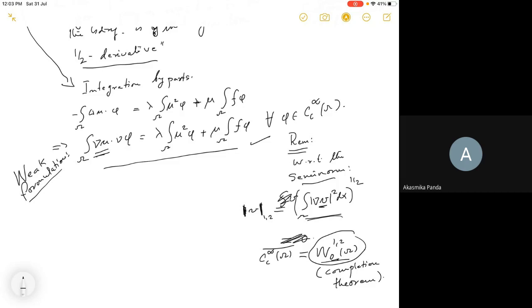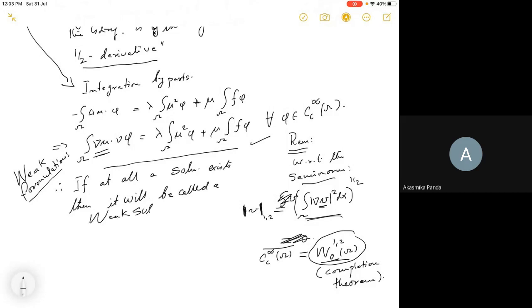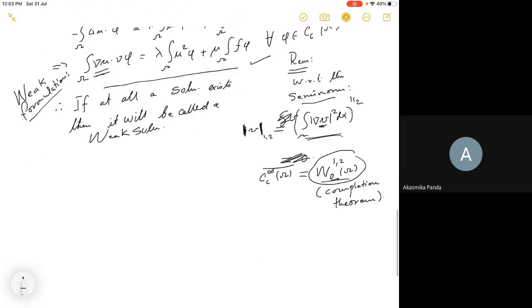If you have a solution to this integral equation, then we will say that this solution which you have obtained is a weak solution to the given PDE. So if at all a solution exists, then it will be called a weak solution.